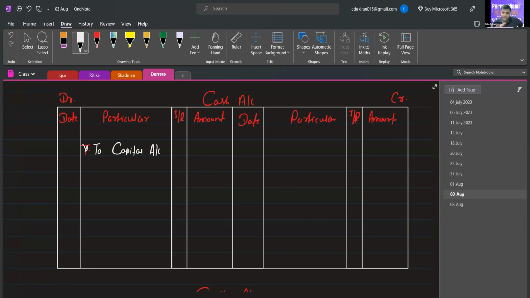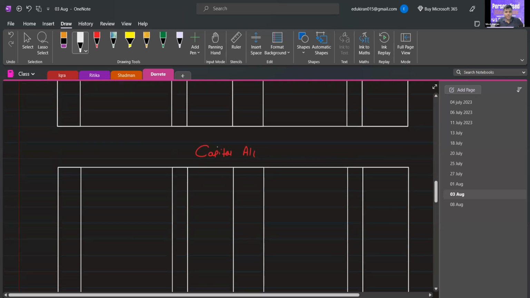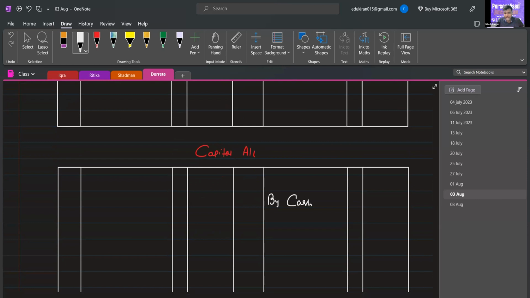So in the ledger, we will write the entry on the debit side of cash, with 'to capital', meaning the name of the opposite side account. So 20,000. Now capital is on the credit side. So we have to write on the credit side of capital, and the name of the opposite side account is cash. Is this clear?